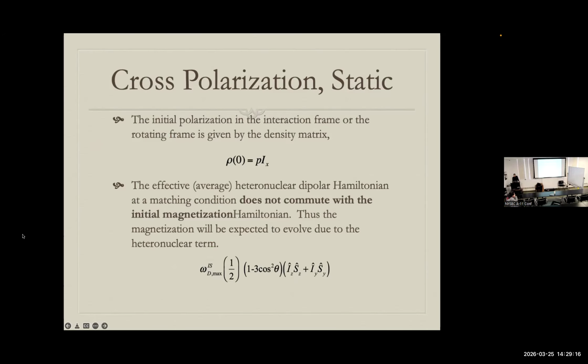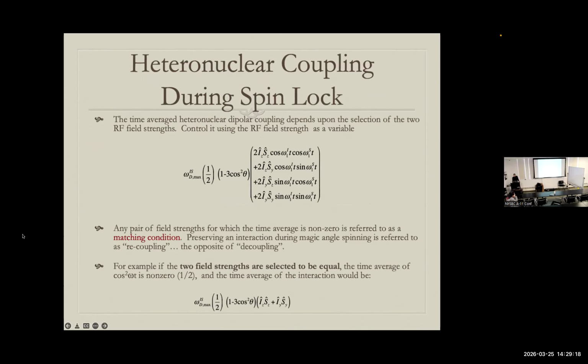Just remember, in this problem, we apply a matching condition, and for this problem, without the MAS, the best matching condition is just to say that these two fields are equal, right? That's where that came in. So in that case, you'll have a factor of a half being the average of sine omega 1t.